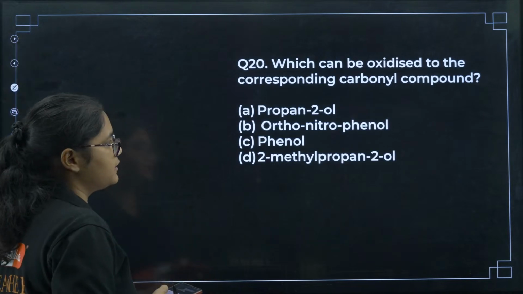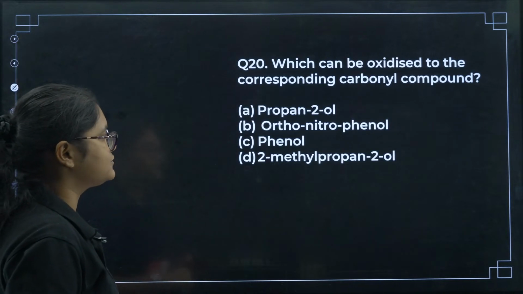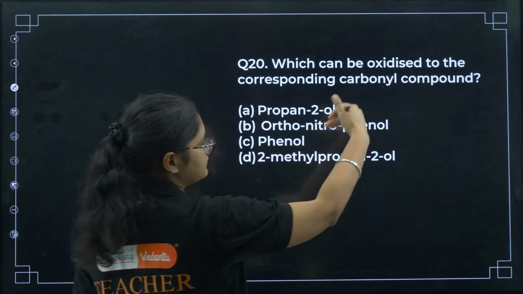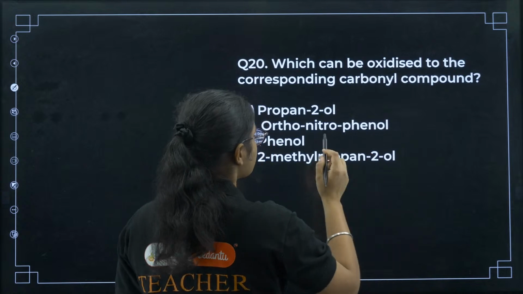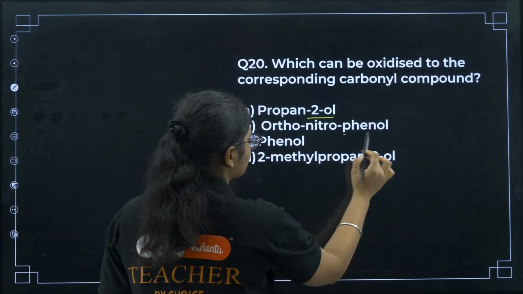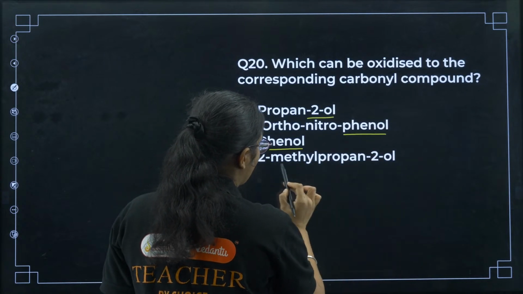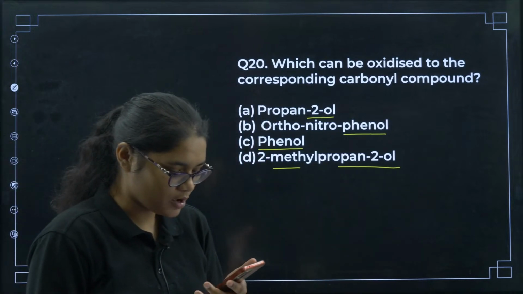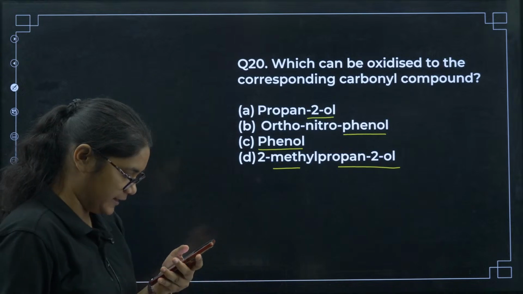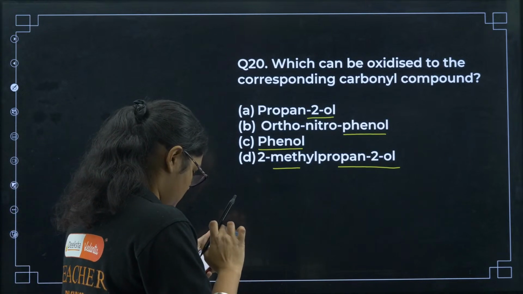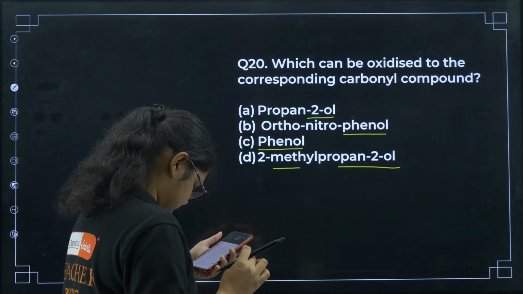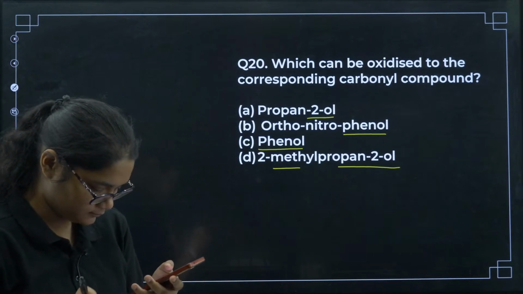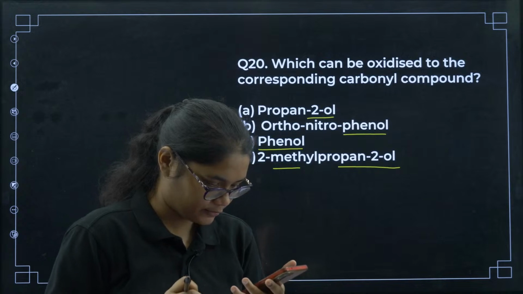Next, question number 20. Which can be oxidized to the corresponding carbonyl compound? The options are propan-2-ol, orthonitrophenol, phenol and 2-methylpropan-2-ol. Which will give you an aldehyde group on oxidation? Yes, Helu is correct.